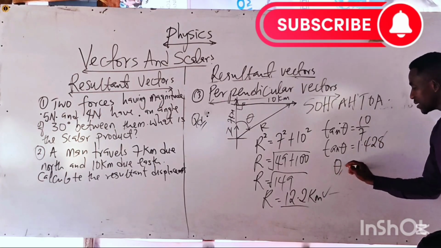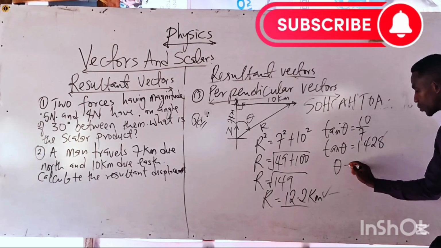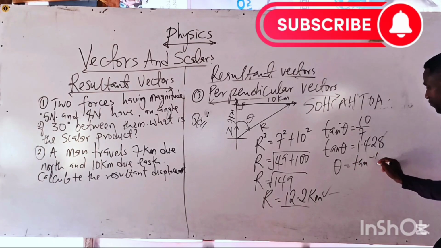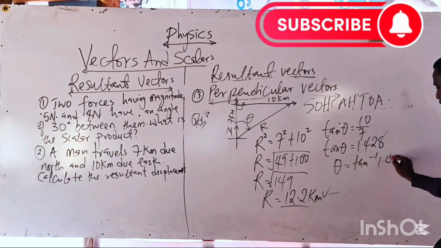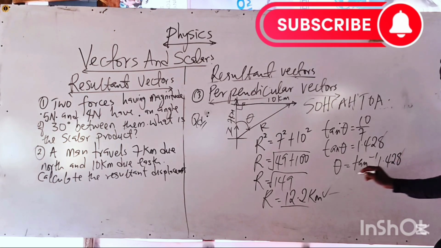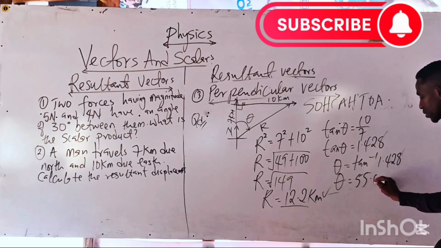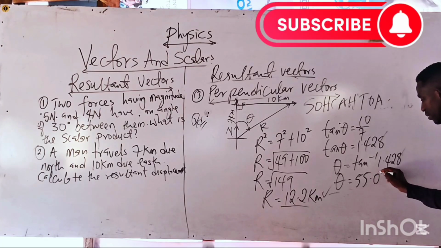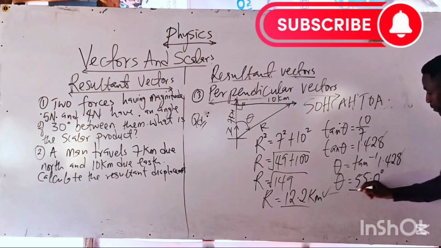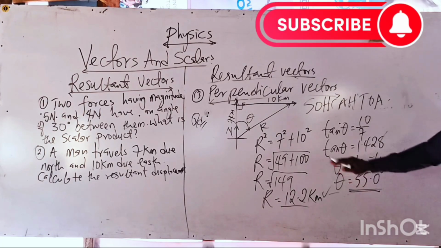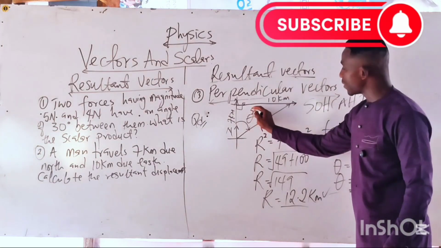Then you punch theta is equal to tan inverse of 1.428. Theta is 55.0 degrees.